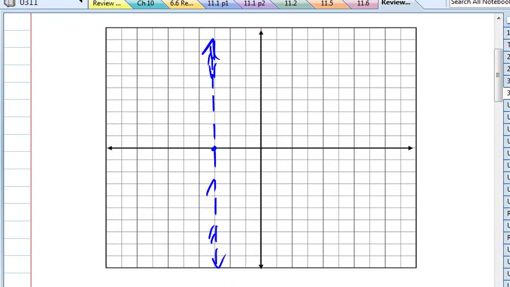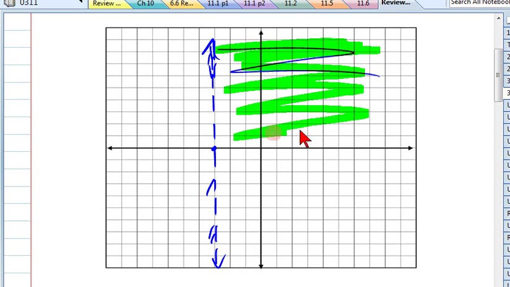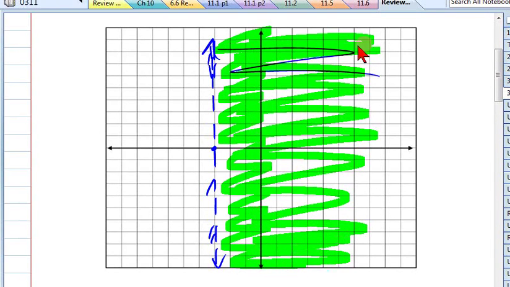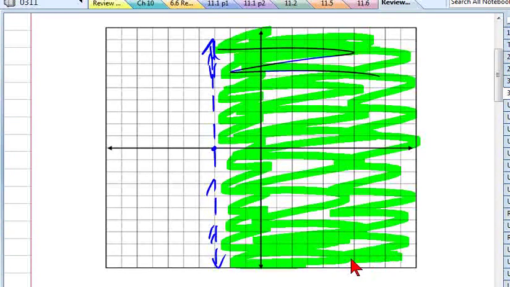And I'm supposed to shade to the right. Okay. Green. Every point over here has an x coordinate greater than negative 3. All right.